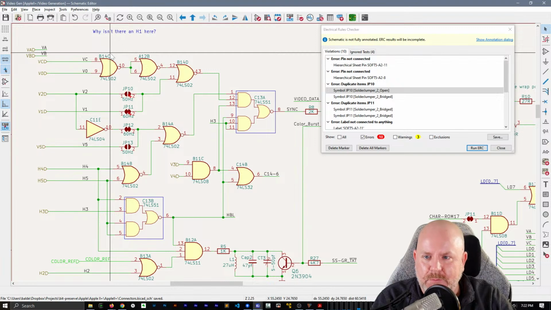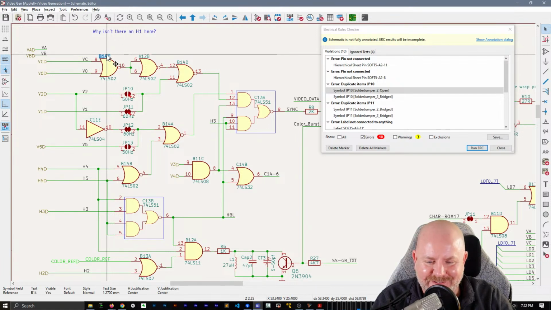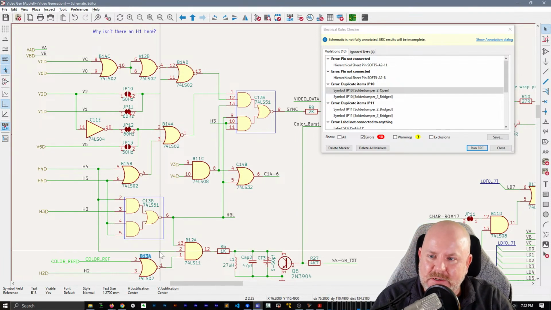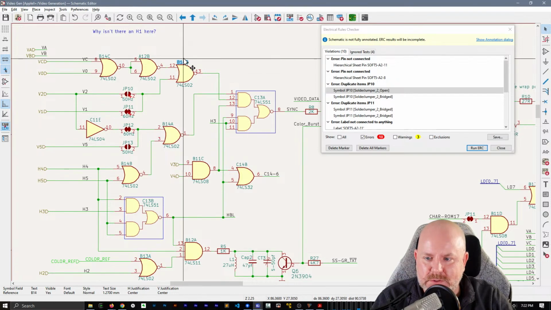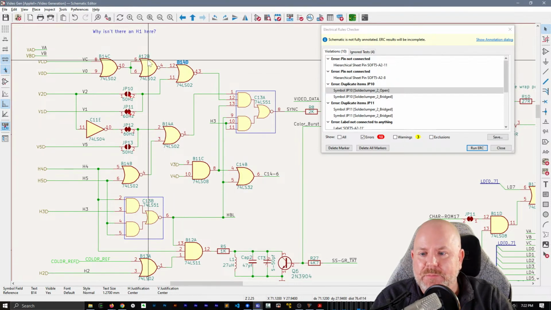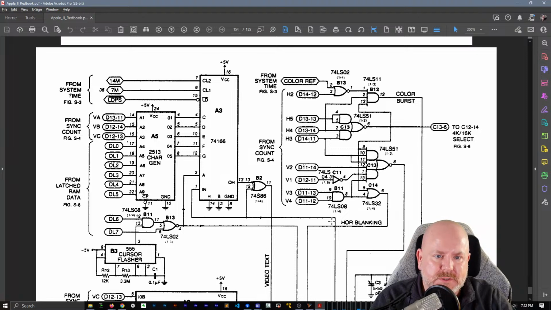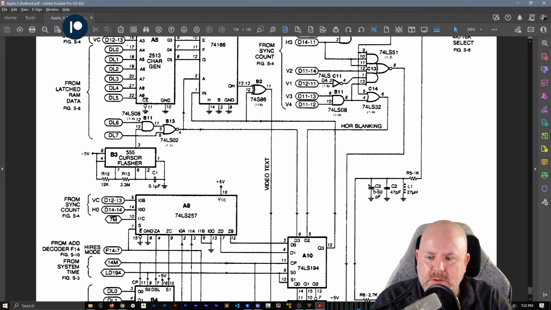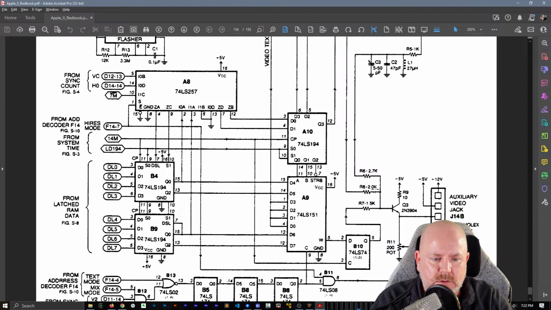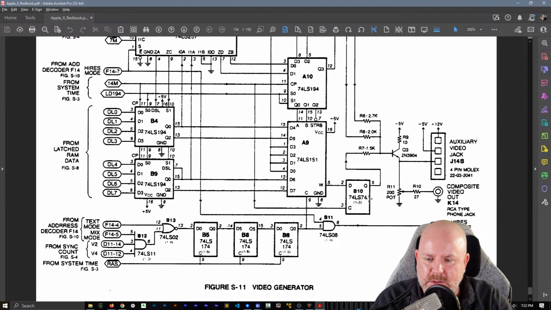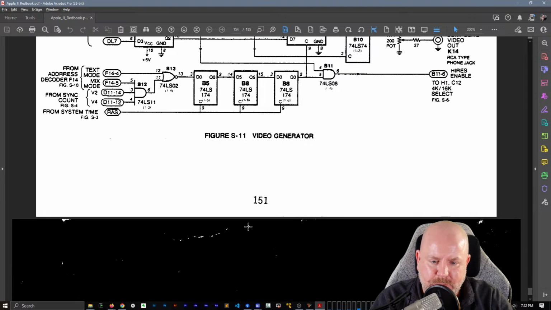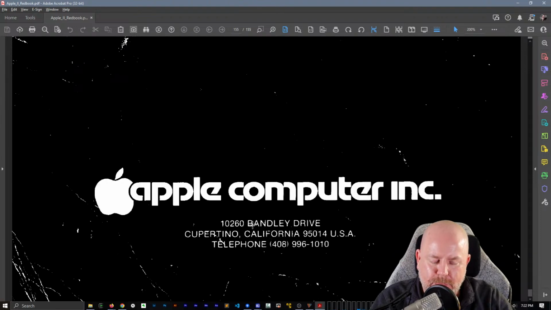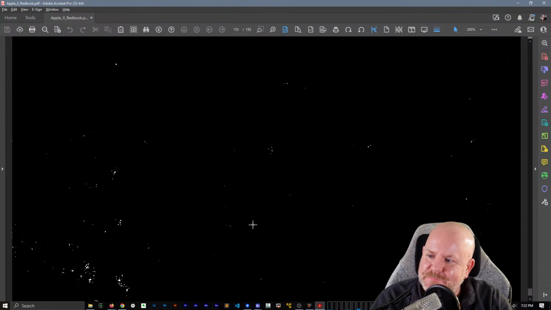No. I'm looking for B14 or C. Well, there's a B13, but that's not what I want. I want B14. Where's B14? Because there's 12 and 13. There's C. I don't see any more gates on here. There's 13 again. Let's go to the next page. Nope, that's not on this page either.